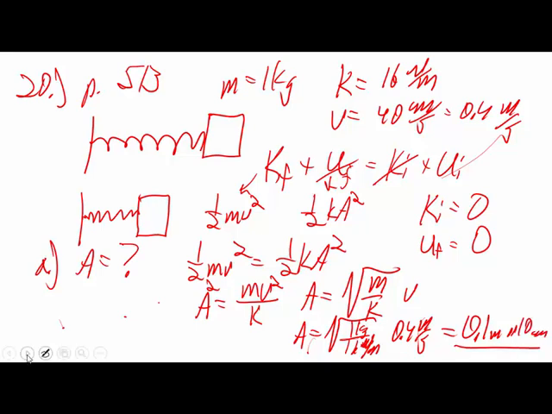That's part A. Now what about part B, number 20B? It says, what is the block speed at the point where x is equal to 1/2 of A? So we're going to plug this back into our equations.